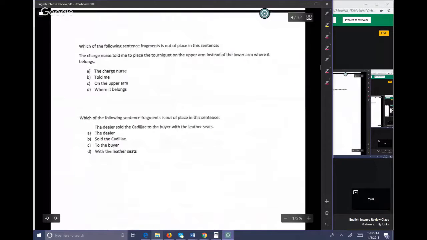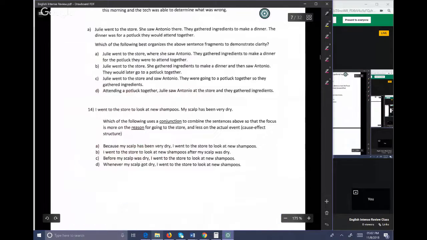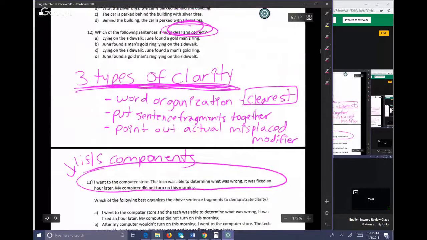They're coming up in a couple of pages where they'll give you this and they'll say which of those fragments is actually the misplaced one. So there's ones where you just reorganize whatever's there and come up with the clearest way to put it all together. There's ones where they give you the components and you build them into the clearest sentence that you can. And there's ones that give you a sentence that is screwed up, but instead of just letting you fix it, they make you identify exactly what's wrong with it.